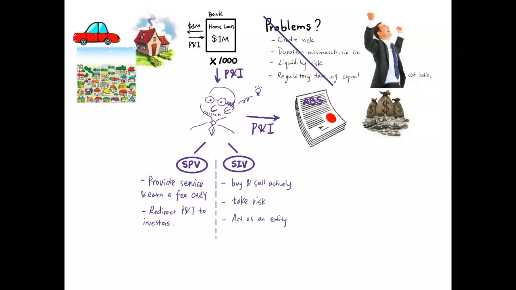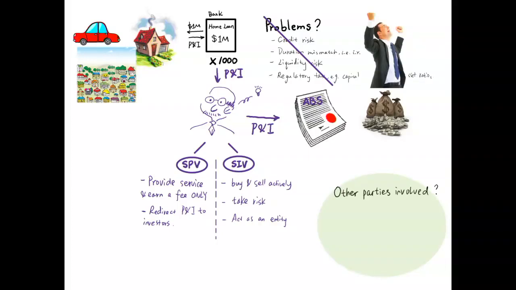All good so far? Any questions about the difference between SPV and SIV? No? All right. So now let's talk about other parties involved in the process. So now we talked about the smart guy who provides the service, the bank, the households, the investors. In practice, a lot of other parties are involved in the process as well.